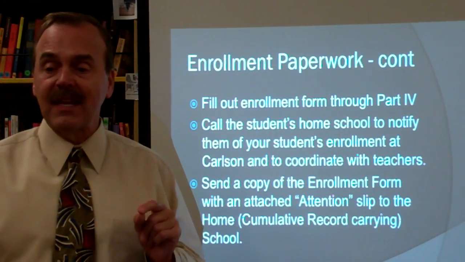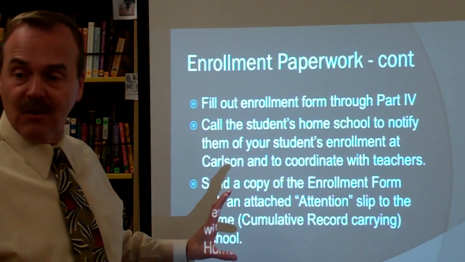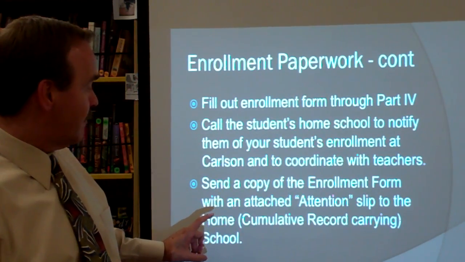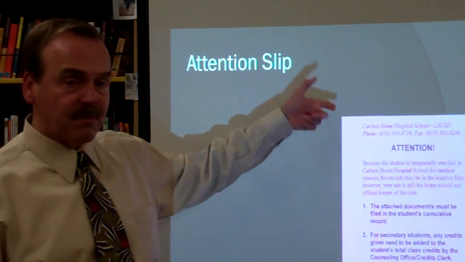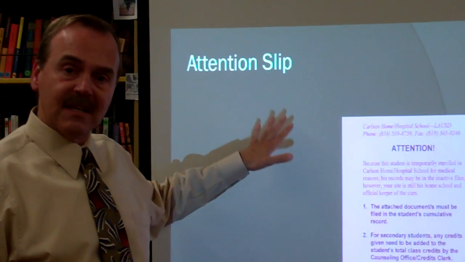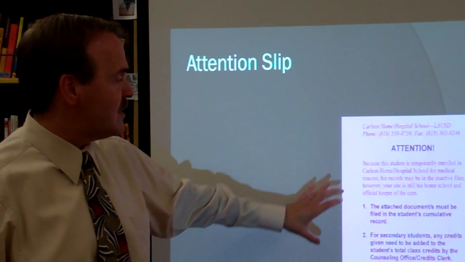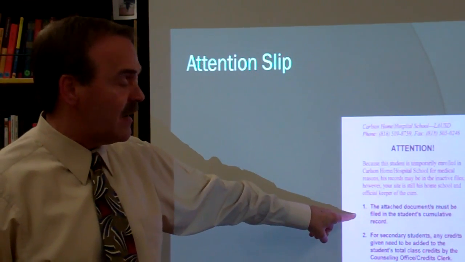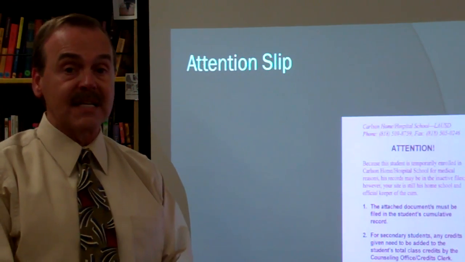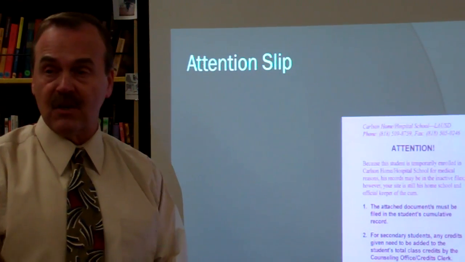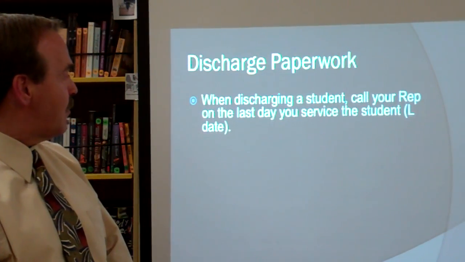You will then send the enrollment form with an attached attention slip. Here's the copy of the attention slip. Just attach this to the enrollment form and send it to the home school, as well as obviously sending the enrollment form to us, so this way their registrar knows that they also have to record that Carlson is now the school of attendance.